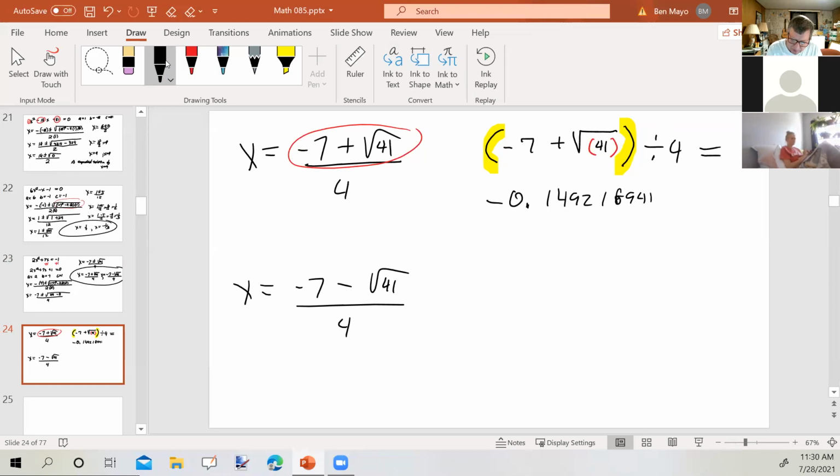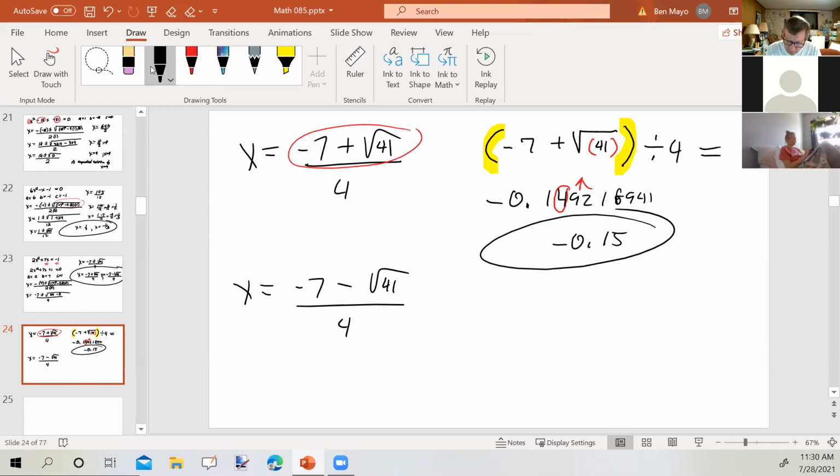But it said to round to the nearest hundredth, which would be right there. The 9 would round up, so my answer is going to be -0.15. Okay? Any questions about that half of the problem?